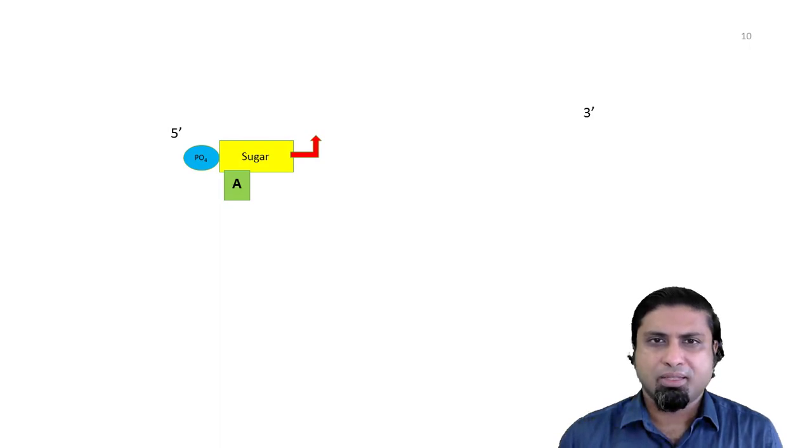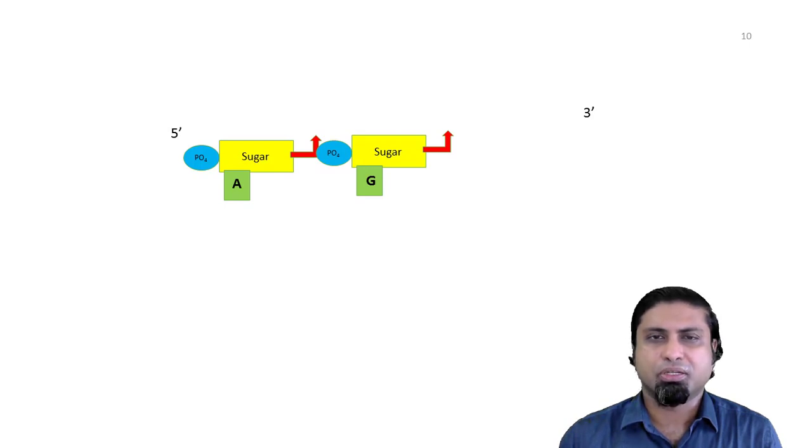When we want to add the next nucleotide to synthesize a polymer, the incoming nucleotide would be added to the 3' end of the previous nucleotide. So let's see how that happens. Here's the incoming nucleotide, and as you can see, it is being added to the 3' end of the previous nucleotide. And the same thing happens with the next incoming nucleotide. In this manner, the nucleotides get added to the preceding nucleotide and the nucleic acid is formed.